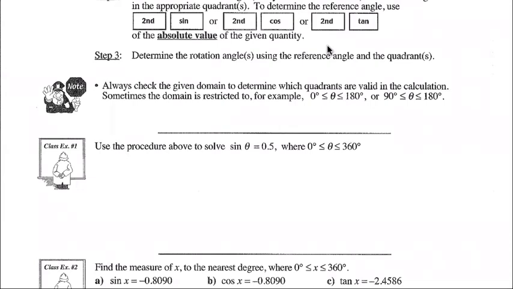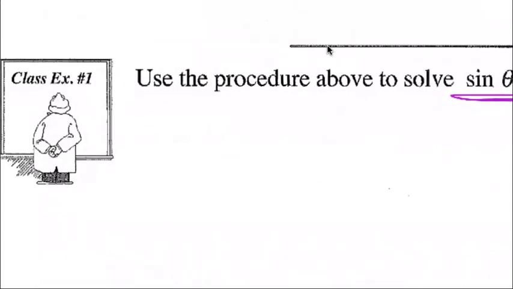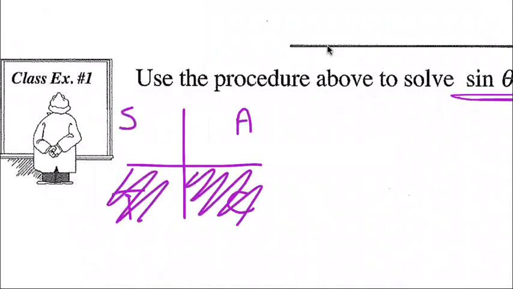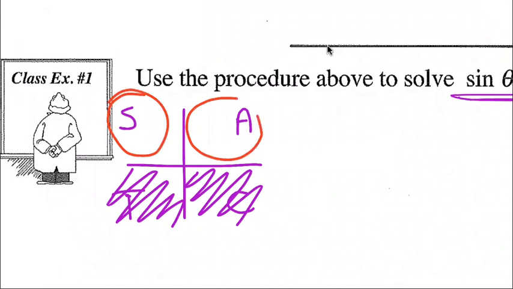So we first start out by saying, if sine theta is positive, then I know, using my CAST rule, that it cannot be in quadrant 4 and it cannot be in quadrant 3. So I know that I'm going to have an angle somewhere in quadrant 2 and in quadrant 1. That's step 1. So I know I'm looking for two angles, in quadrant 1 and quadrant 2.